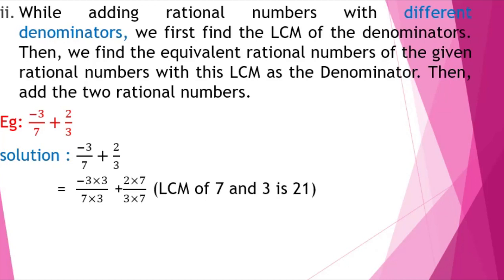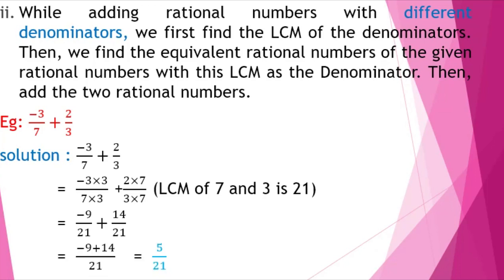So we can find the equivalent fraction with the denominator 21. So the first rational number is multiplied by 3 and the second rational number multiplied by 7. So we get minus 9 upon 21 plus 14 upon 21. Now the denominators are the same. We can add the numerators.